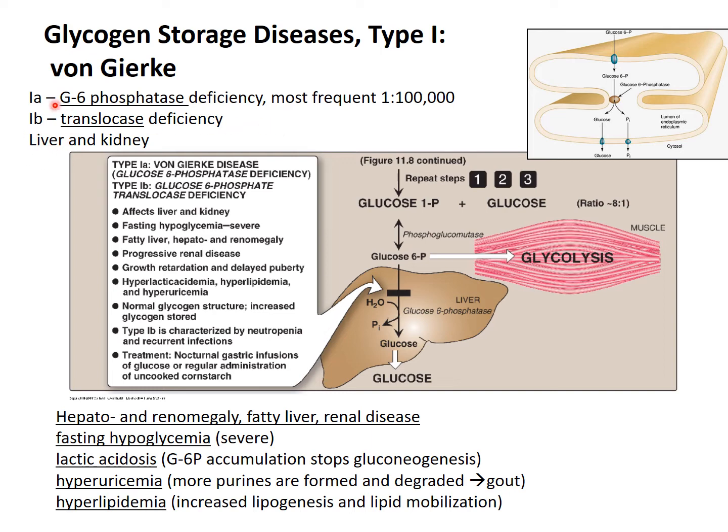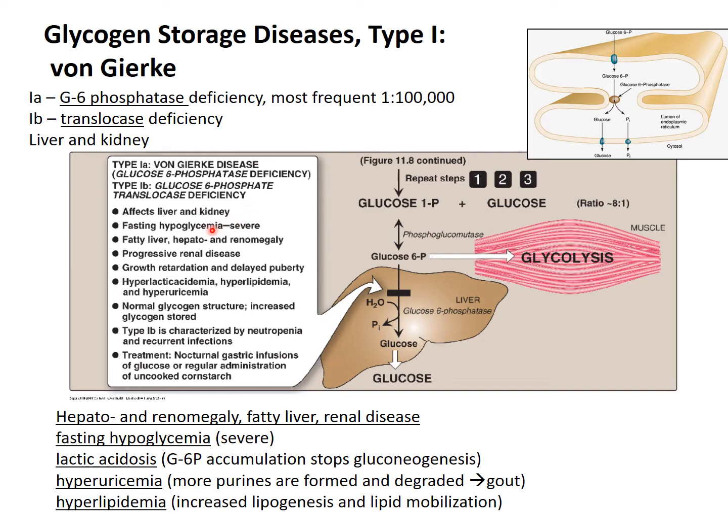It affects liver, and because kidney also has this enzyme and participates, especially in starvation, to release glucose, liver and kidney will be affected majorly. So von Gierke's: inability to produce glucose.